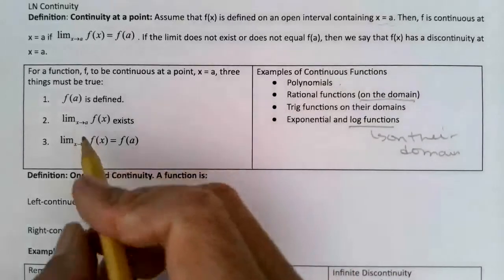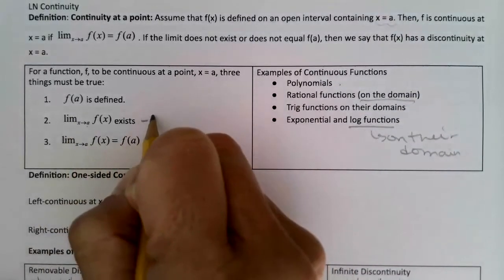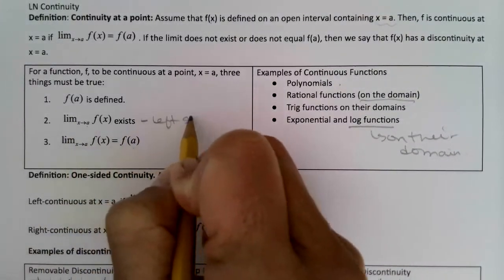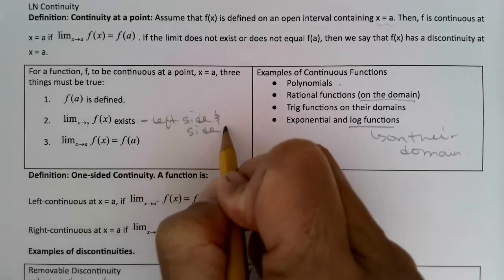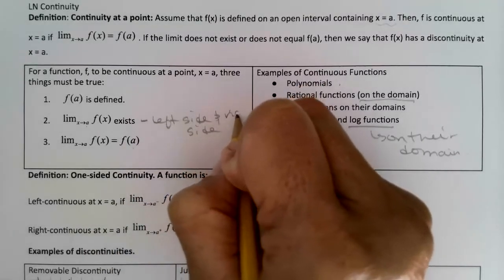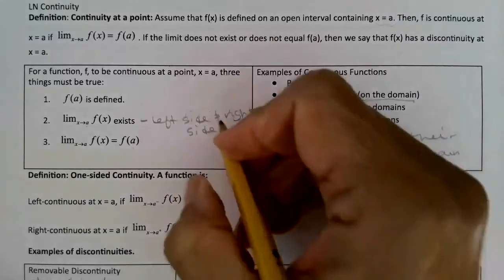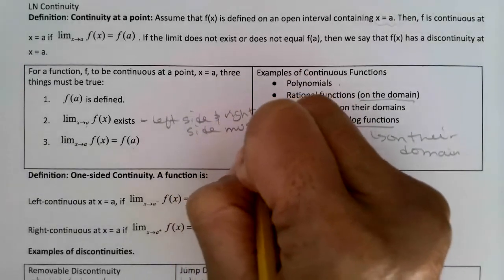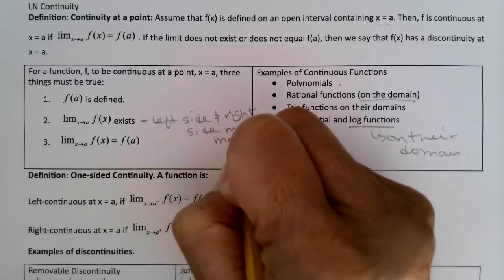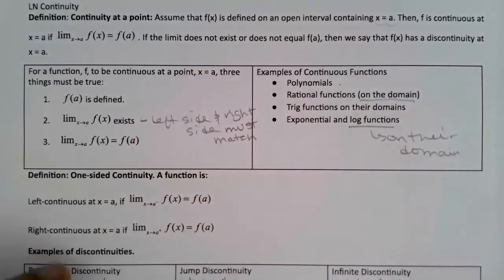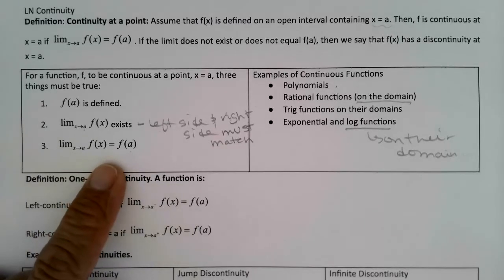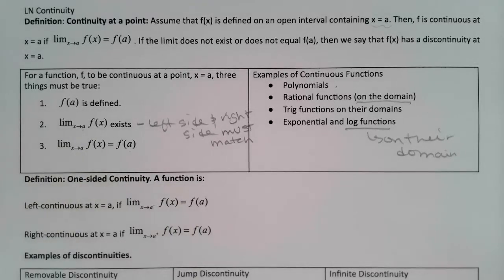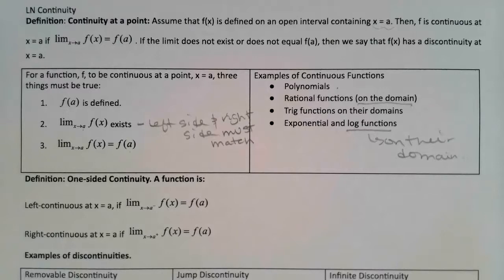And usually the limit doesn't exist when the left side and right side don't match. Left side and right side must match. And then the limit does not equal the function value. This is where you might have a hole and then it gets filled in someplace else.